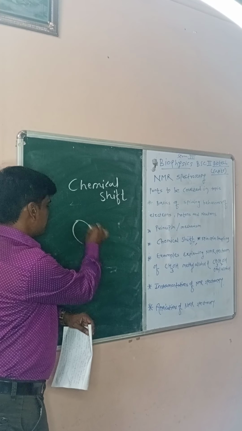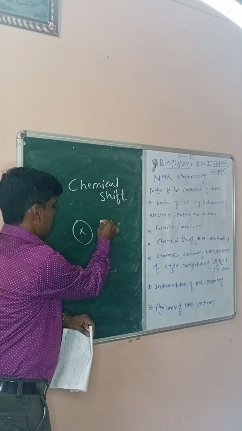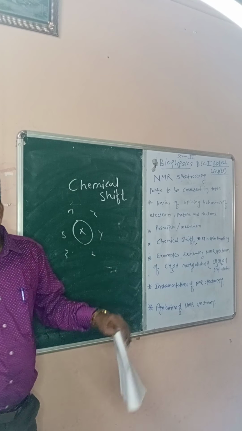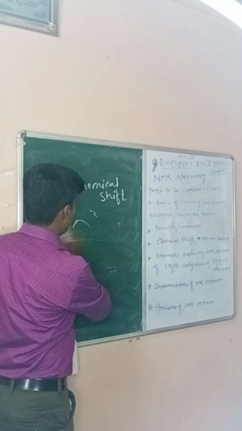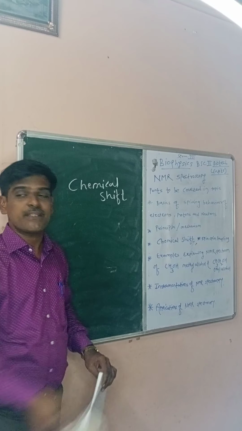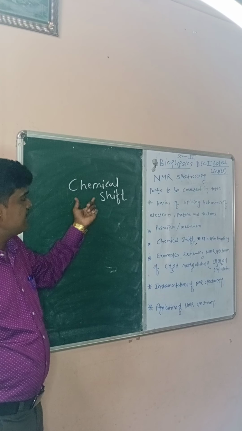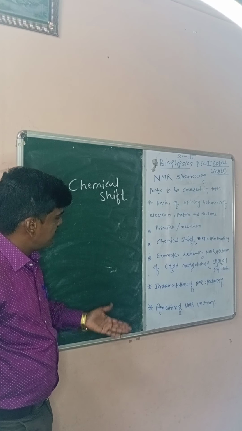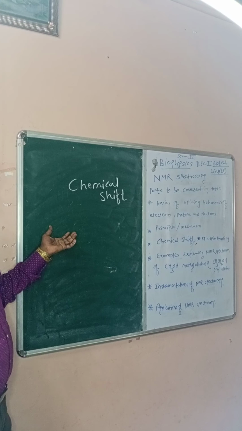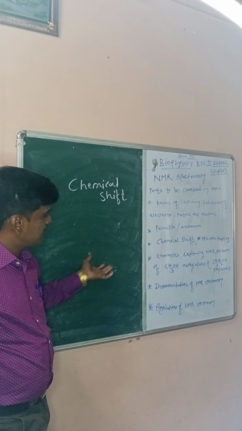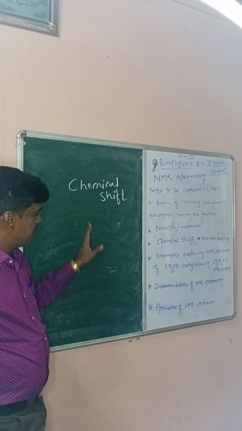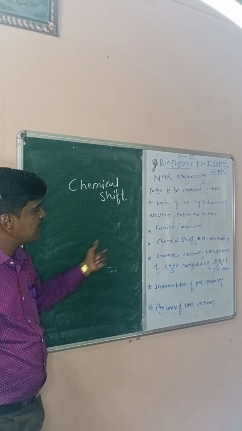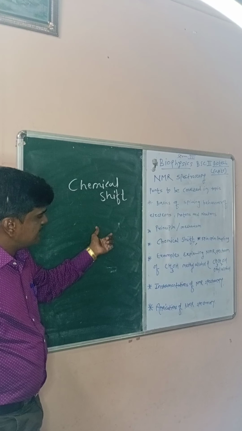If this is the X molecule, depending upon the vicinity, what different molecules are present surrounding this X molecule, depending upon their molecular environment and the number of protons present in its vicinity, this phenomenon that takes place is called chemical shift. There may be a change in the spectrum obtained due to electronegative atoms present surrounding the molecule, or there are different mechanisms depending upon what type of molecule is present in the vicinity of the chemical compound whose spectra we are going to study.